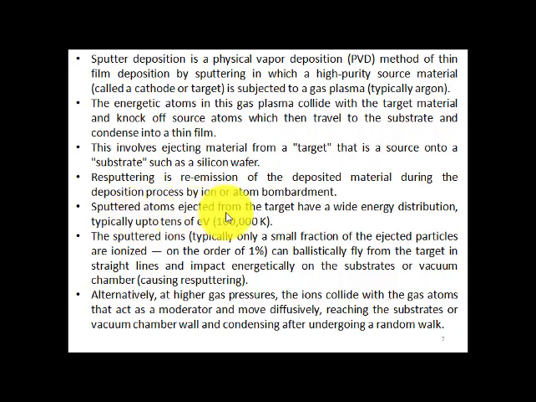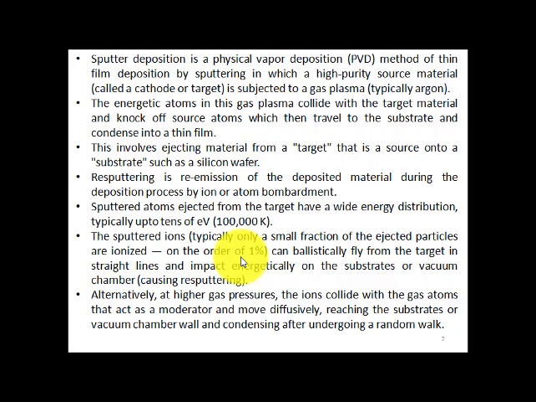Sputtered atoms ejected from the target have a wide energy distribution, typically up to tens of electron volts. Typically only a small fraction of the ejected particles are ionized, on the order of 1%. It means that when the atoms are sputtered, they may be converted into ions by the bombardment of plasma cations, but their quantity is very small, on the order of 1%.